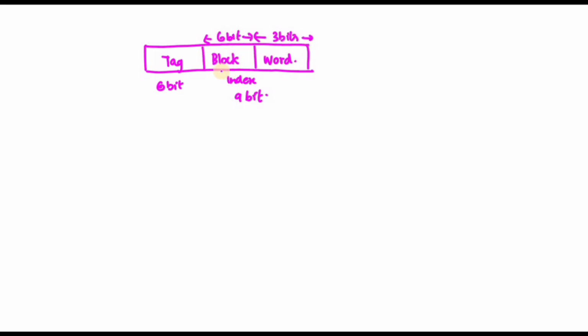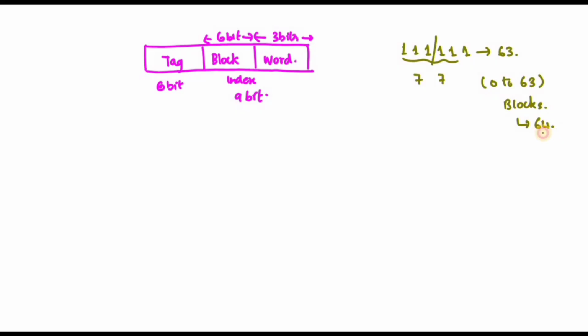Okay, so since it is 6 bit, what is the maximum value of 6 bit? So you can see the maximum value of the 6 bit is 77 in octal, so the maximum value is 63. So it consists of 0 to 63 blocks.